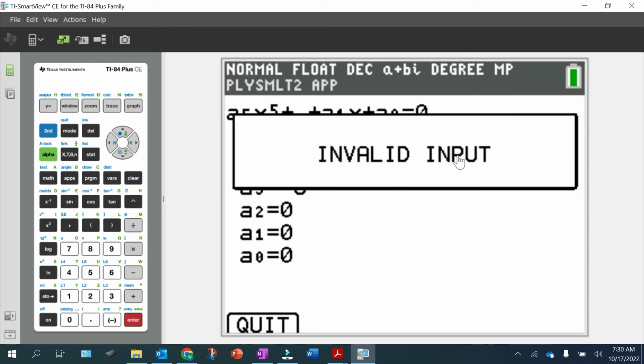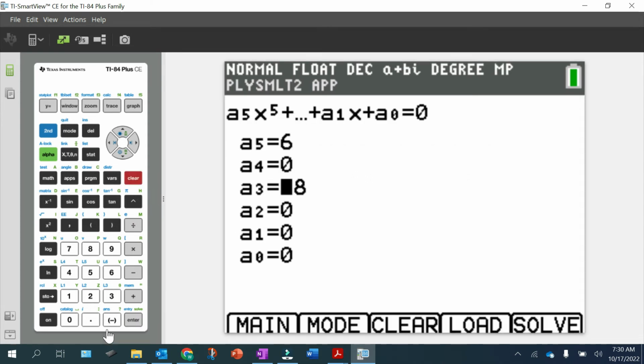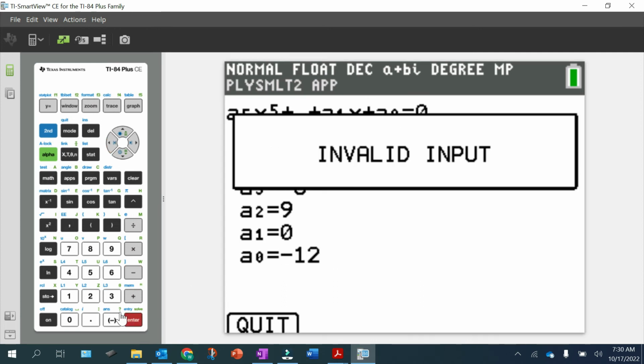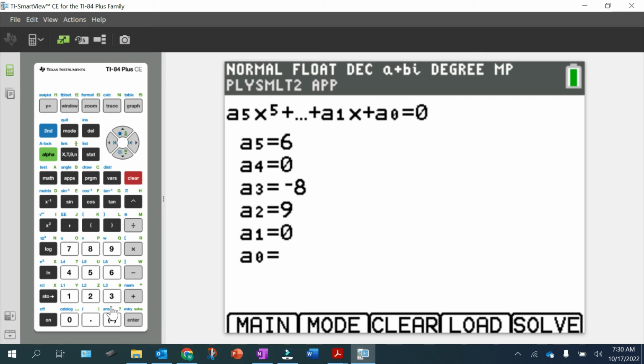Minus 8, enter: invalid input. You have to use the negative key. So we have -8x to the 3rd, and then positive 9x squared, and then a sub 0 was -12. Again, do not hit minus; invalid input, it's not going to let you do it. So we use the negative and -12.